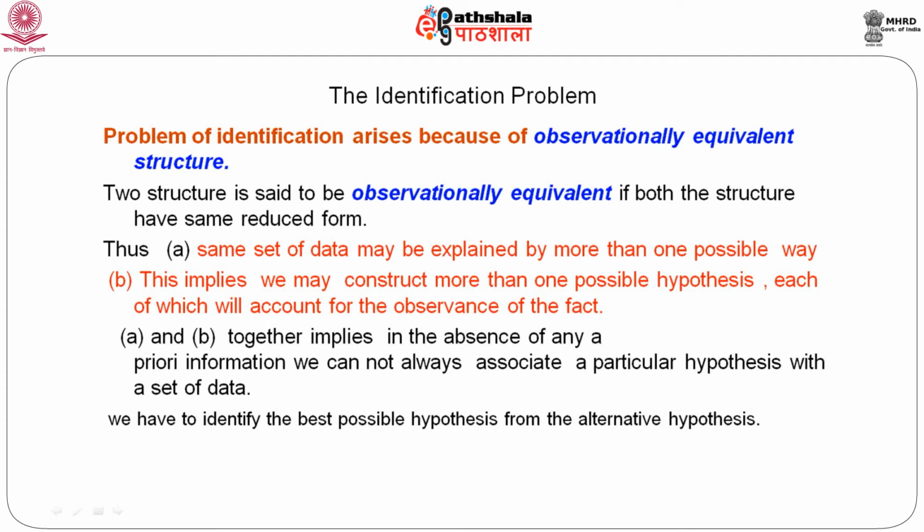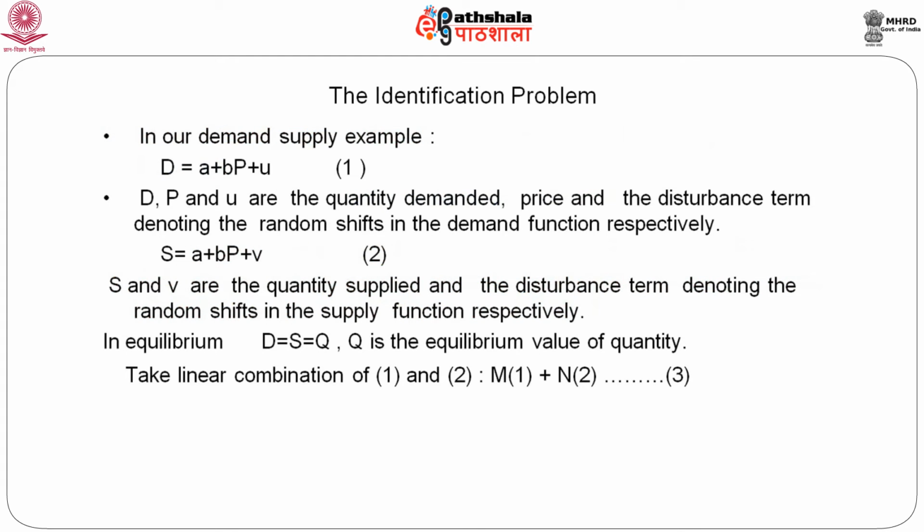So, we have to identify the best possible hypothesis from the alternative hypotheses without a priori restriction. Example: where demand is expressed only as a function of price and supply is expressed only as a function of price and equilibrium holds.